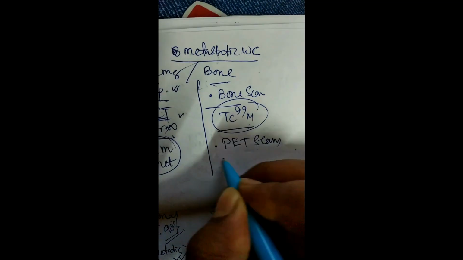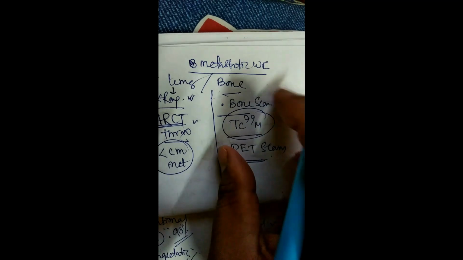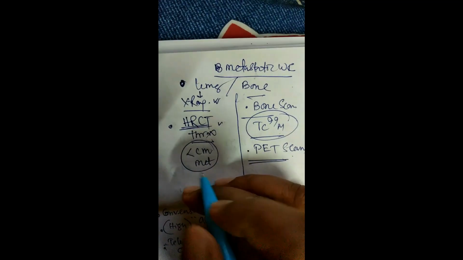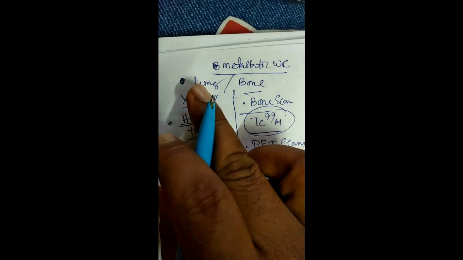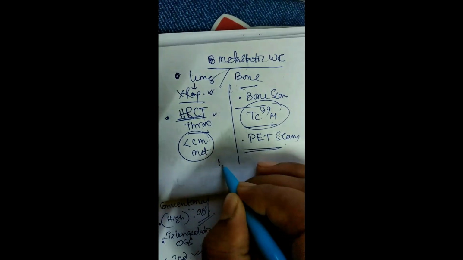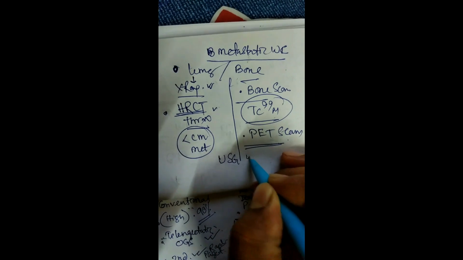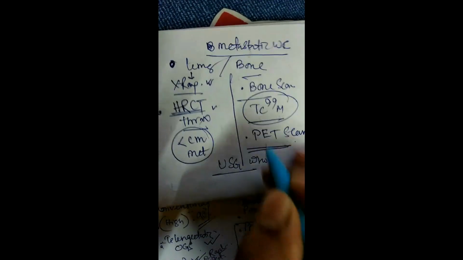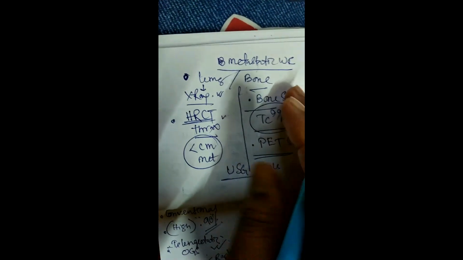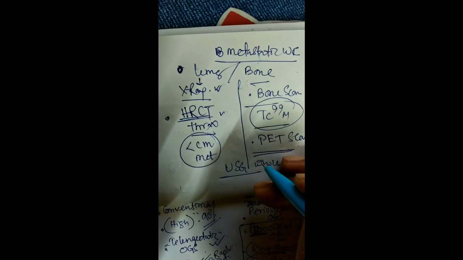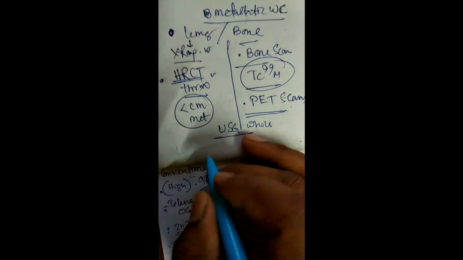Whole body PET scan is also used for the whole workup. But as a routine protocol, we have to go for lung, then bone, and then USG of the whole abdomen also. But lung and bone are necessary before going further.